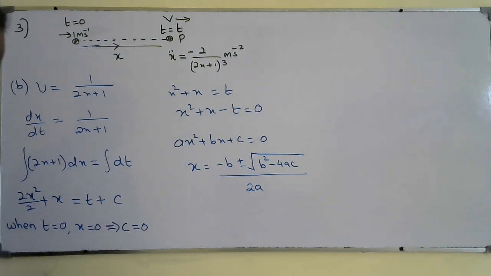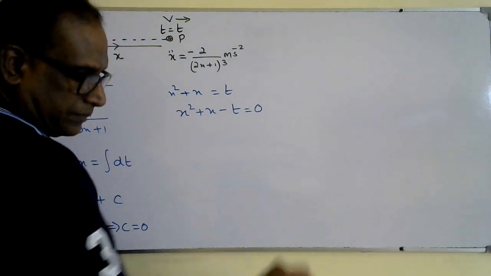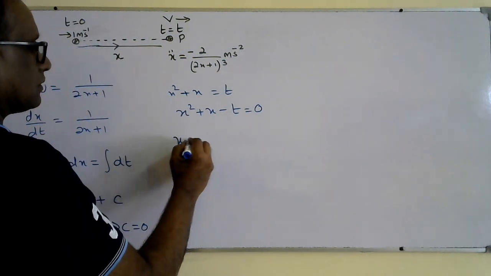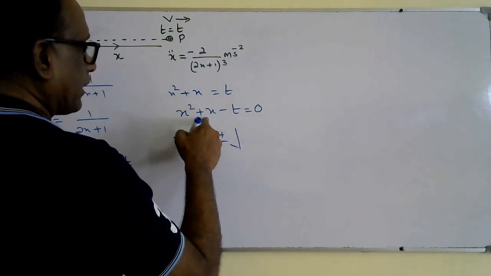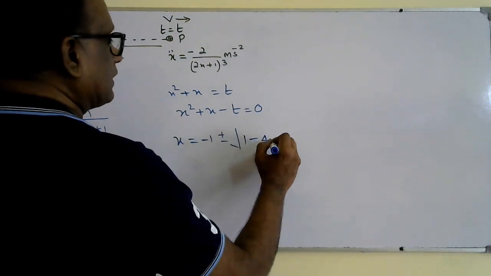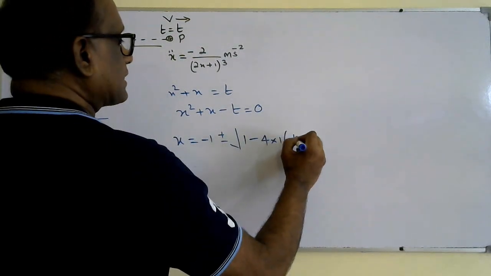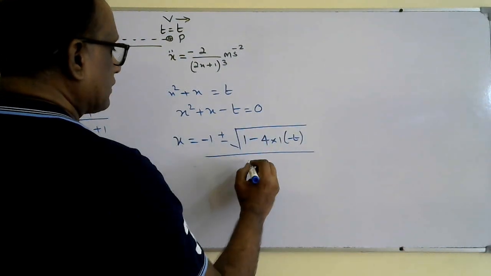So by using this we can find the x in terms of t. So x is equal to minus b, that is minus 1, plus or minus the square root of b squared, so that is 1 minus 4 into a, which is 1, into c, which is minus t, over 2a, that is 2 into 1.